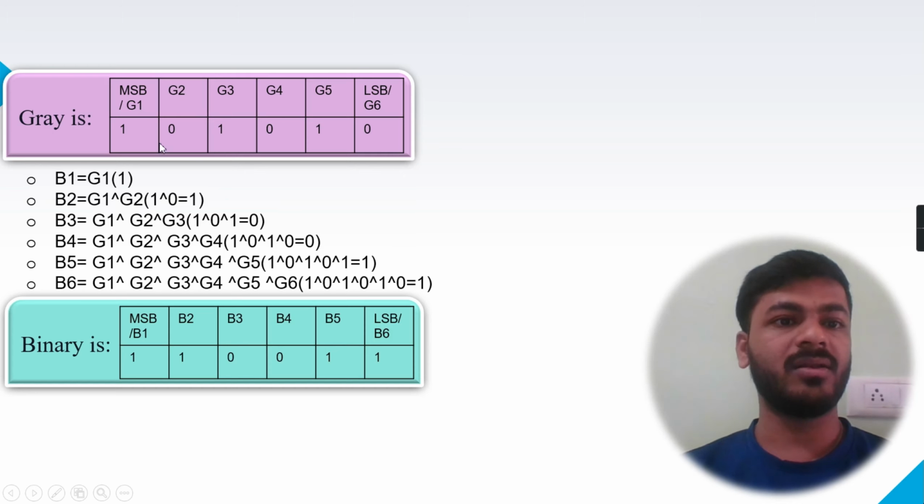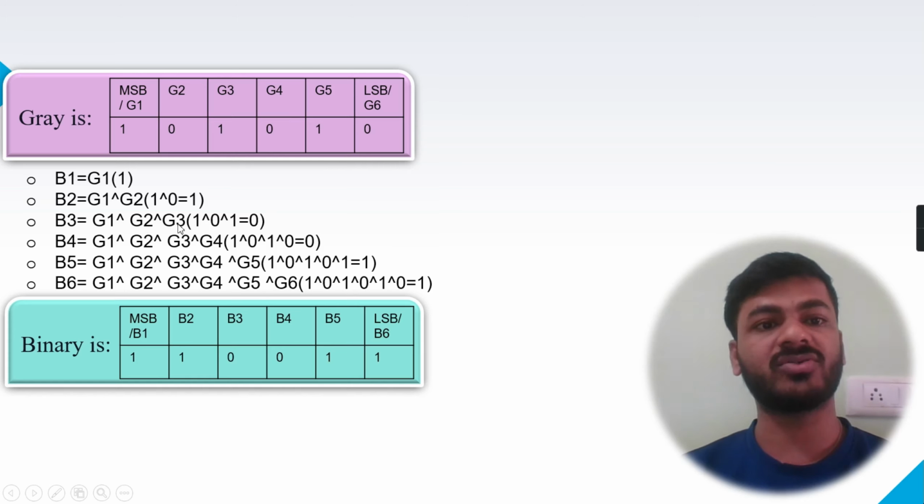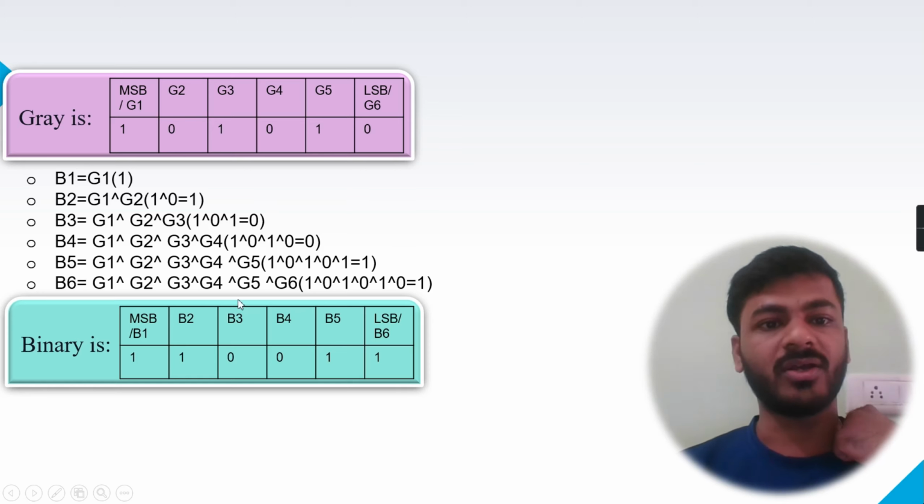Here you can see 1 XOR 0, so the output is 1, which is assigned to the output B2. Now B3 is produced by using an XOR of G3, G2 and G1. So B3 is equal to G1 XOR G2 XOR G3. So 1 XOR 0 is 1, and 1 XOR 1 is 0. So you can see B3 is 0.